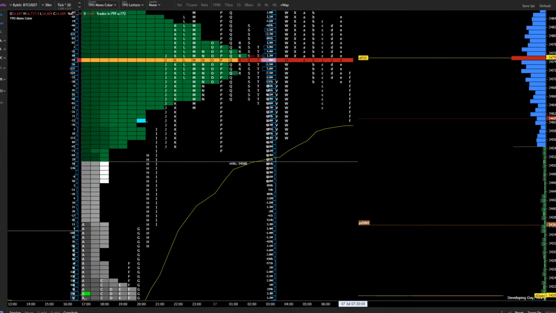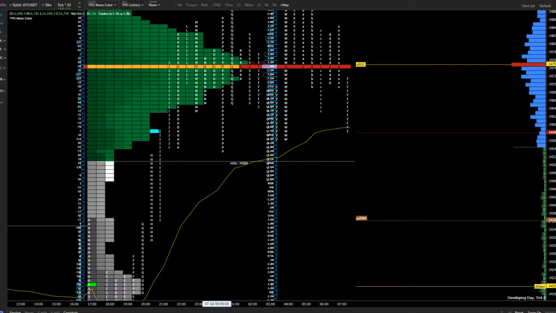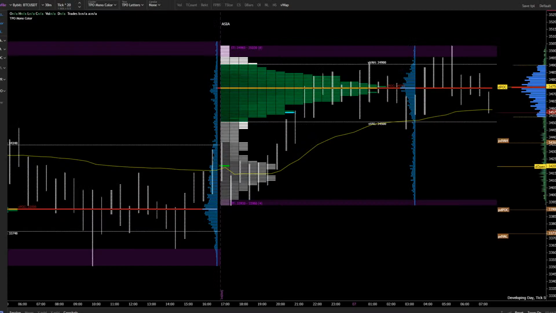Oh, that happened quick. So now we're tuning into those singles. BTC broke the VWAP. My chart is not updated. It's looking like a decent short here.